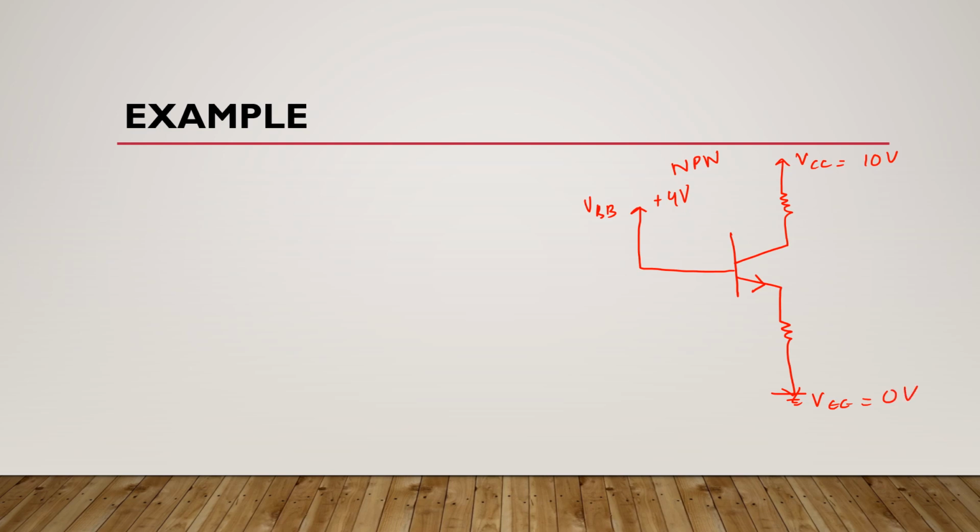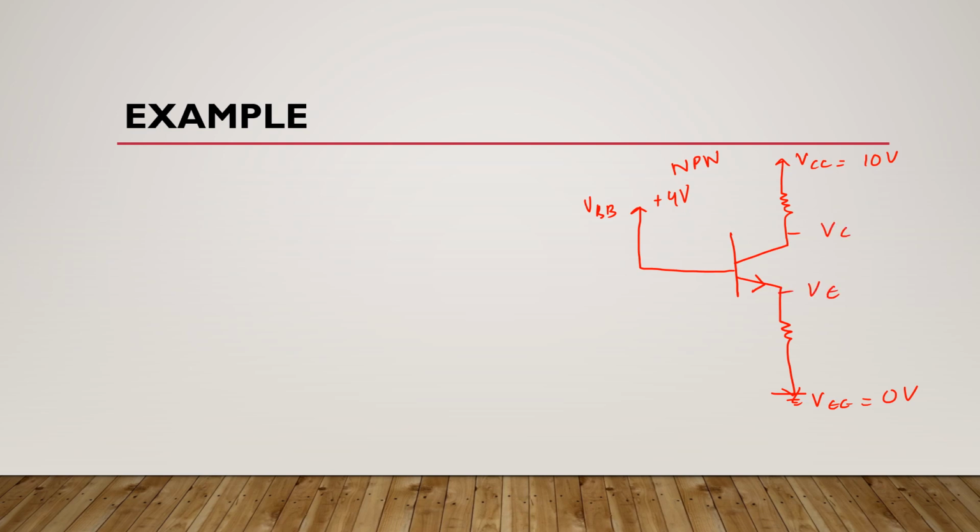Now look at this example. If you have a transistor configuration like this, here is an arrow, it means this is an NPN transistor, and here we have plus 4 volts. It is VBB. If this VCC is 10 volts and this VEE is 0 volts because it is grounded, and here we have VC and here we have VE.